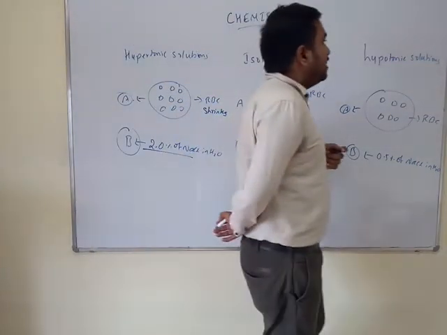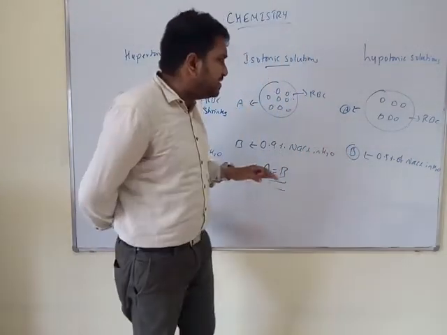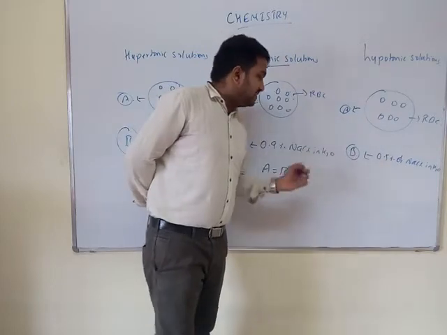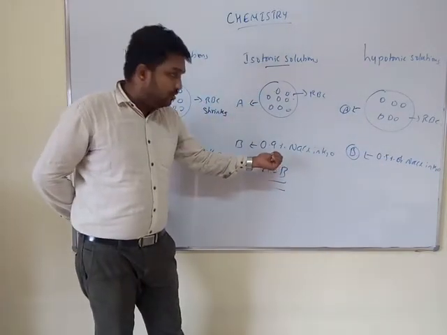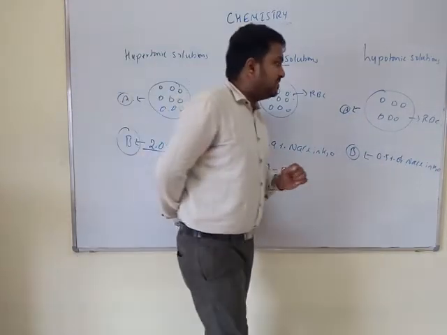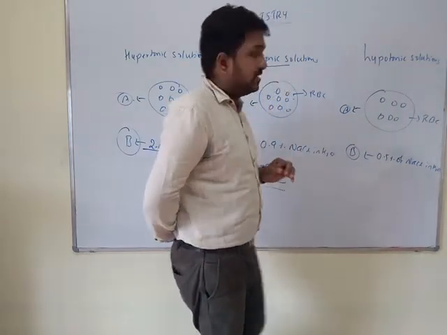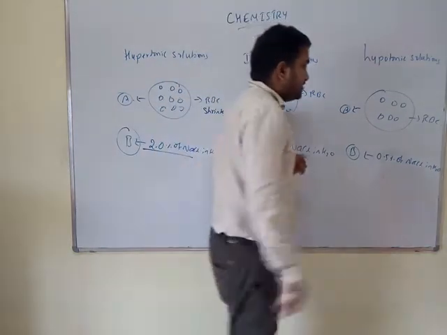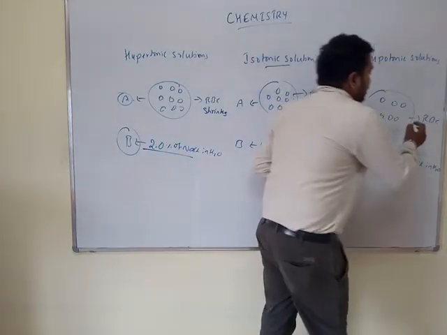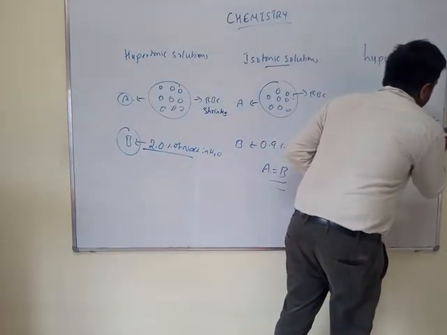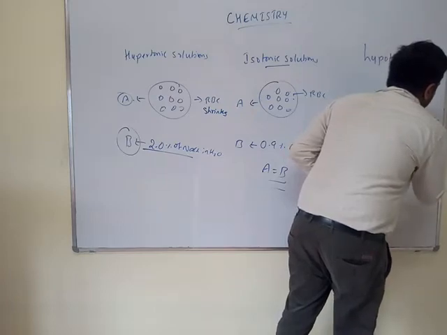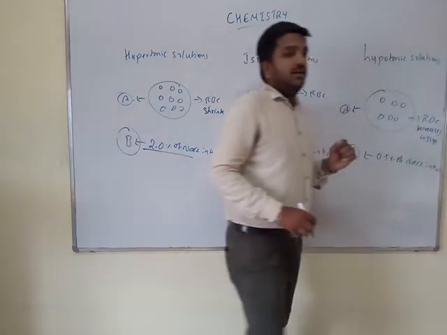And now let us look at the last one, hypotonic solutions. In this case, we have taken lesser than the isotonic value, that is 0.9%. So what happens in this case? It is of the lower concentration, whereas this is of the higher concentration. So what happens is the red blood cells increase in size.